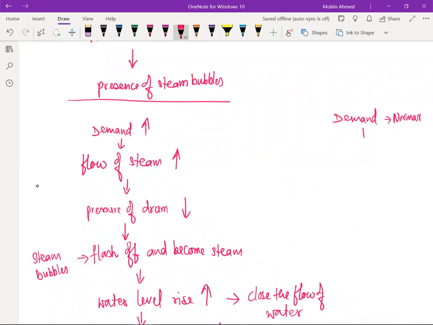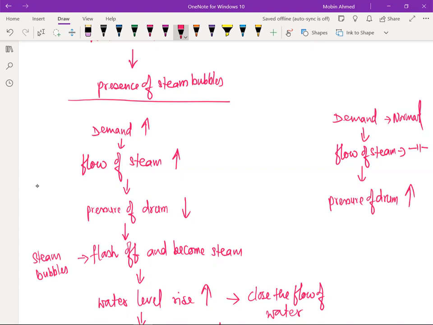When the demand has come to normal, the flow of steam is also going to be normal. If it is going to be normal, then the pressure of the drum will rise.